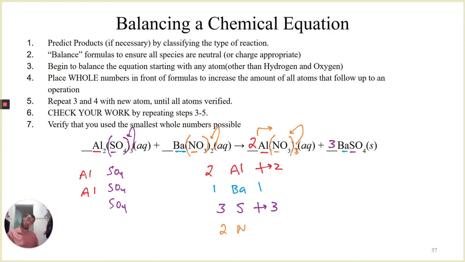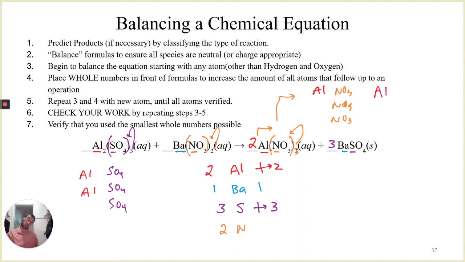What does that mean? That doesn't mean 5, so let's walk through what this means. Our formula was Al(NO3)3. But then I had a 2 out front, which means this needs to be repeated times 2. How would I repeat it times 2?